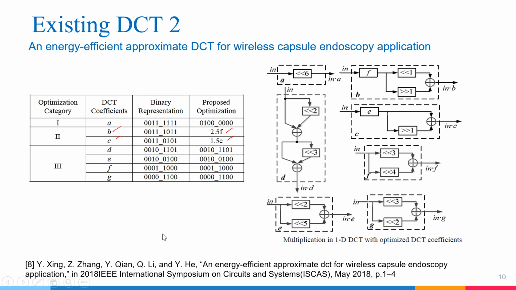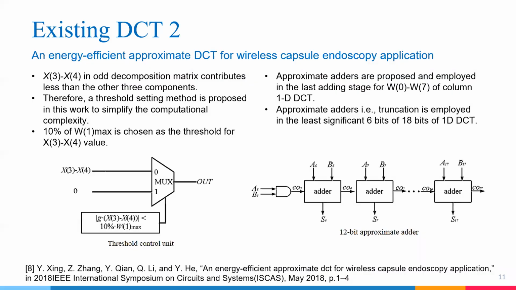They perform the 1D multiplication using DCT with optimized DCT coefficients. They also use one more level of approximation: in the implementation of an 18-bit adder, the lowest 6 bits are approximated, and they only use an MSB 12-bit based adder, as shown in this architecture.